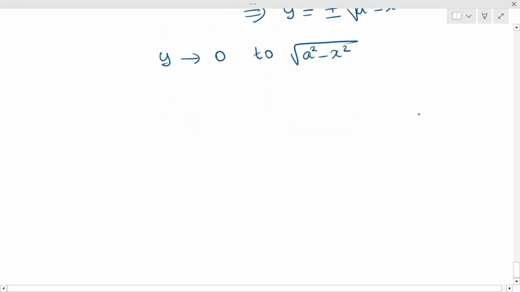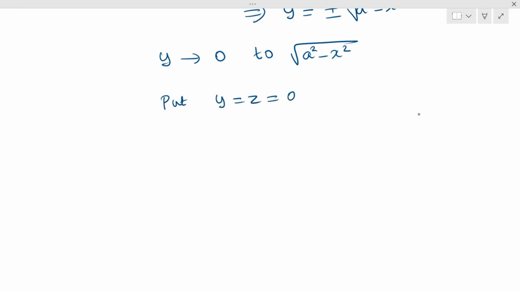So now we got the y limit. The remaining one is the x limit. So put y equal to z equal to 0 in the sphere equation. So we got x square equal to a square, that is x equal to plus or minus a, and x varies from 0 to a.